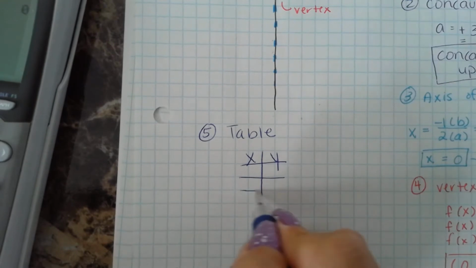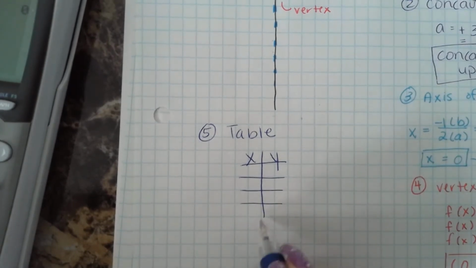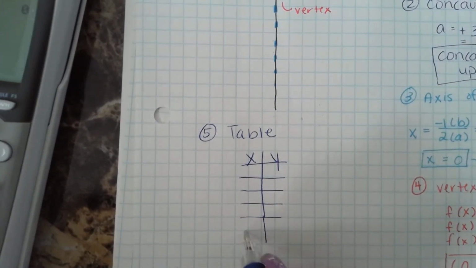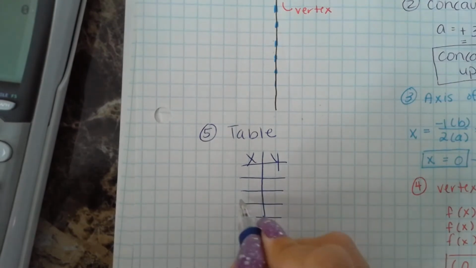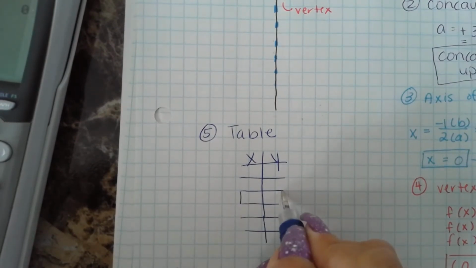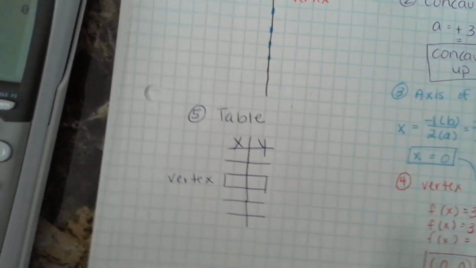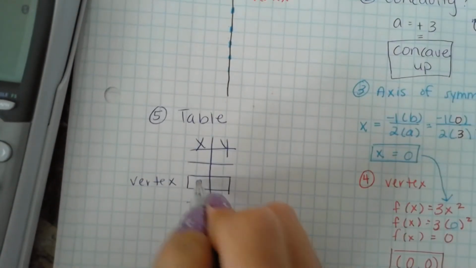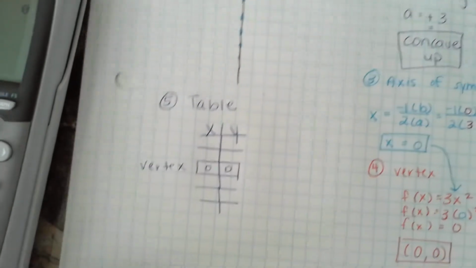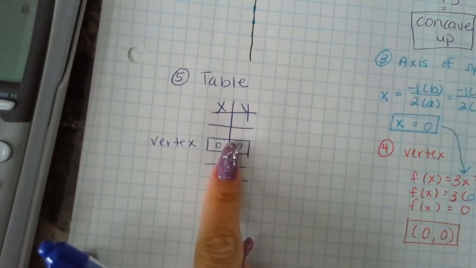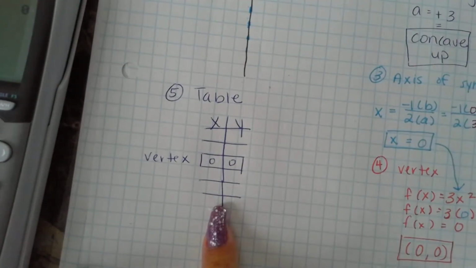So we have 1, 2, 3, 4, and 5. In the middle, right here, we're putting our vertex. Our vertex was 0, 0, so we're going to write 0, 0 here.